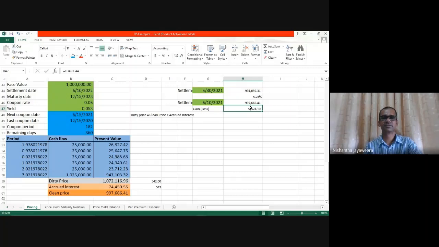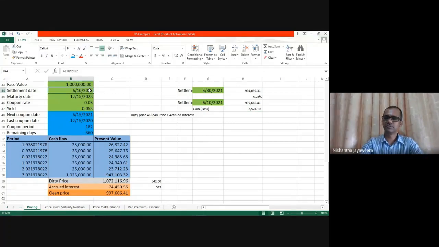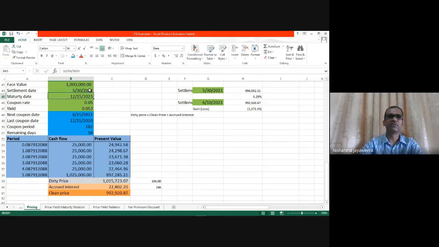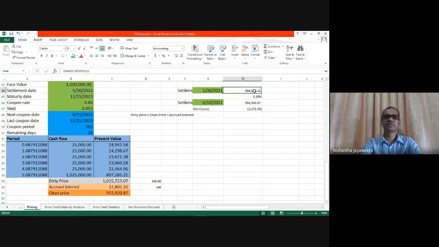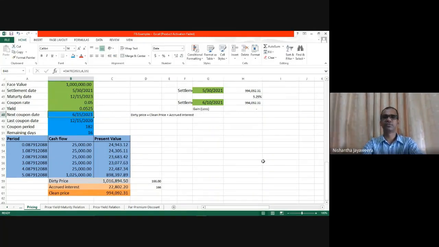Anything else? So if you want to do this in the same day, on 30th, we don't change the settlement date. This is the price that we pay when the interest rate is 5.25.